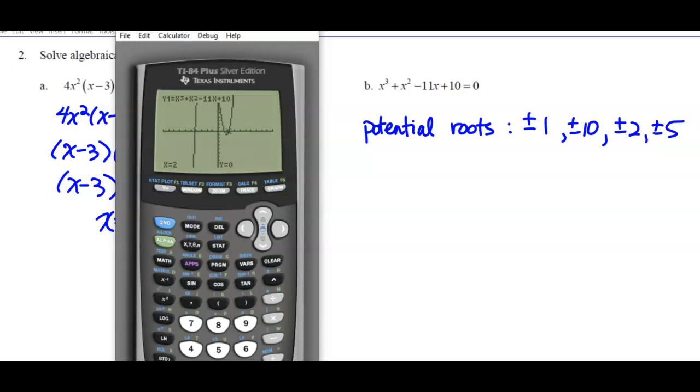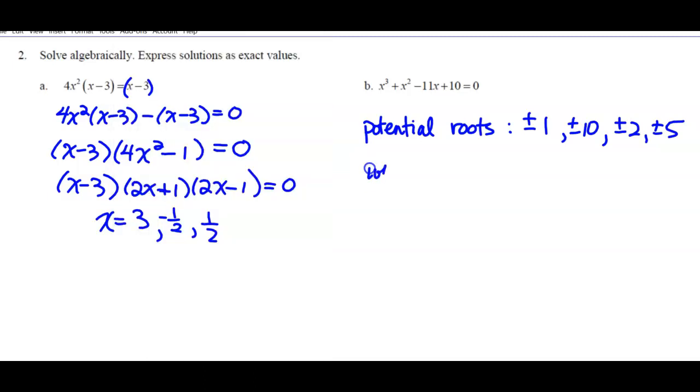Okay, so we're going to go with this. So here, this is an equation, so I'm not going to call it P of x. I'm going to say just x equals 2 solves the equation.